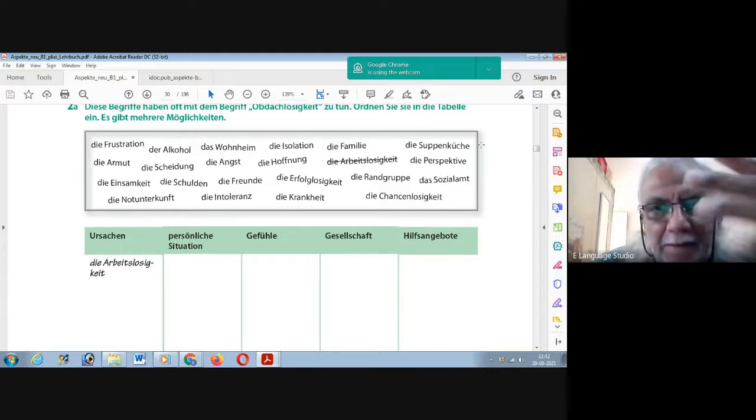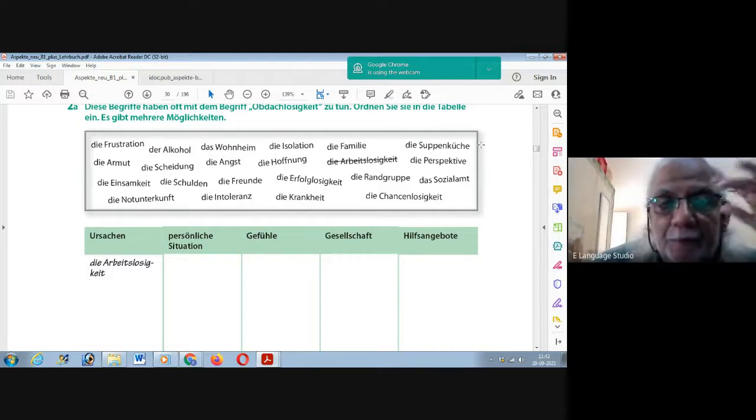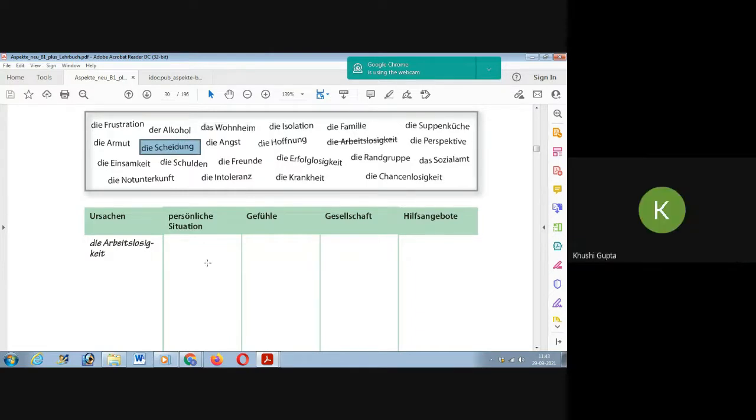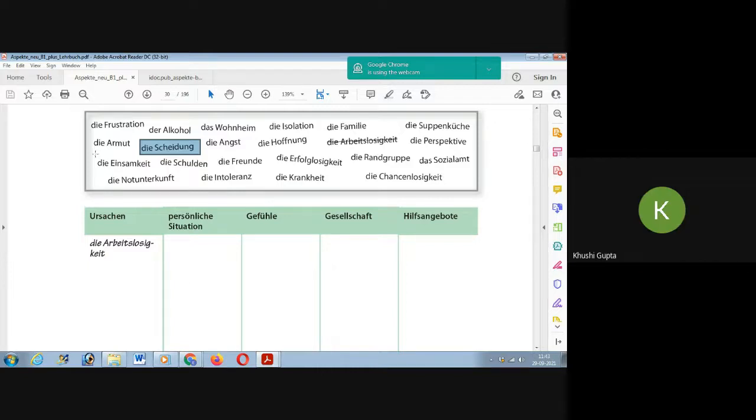Langar is the Gurudwara equivalent of Suppenküche. There are a few temples also which do that, but not all temples. A few temples serve free food on a large scale. Okay. Scheidung. Persönliche Situation. Gut, was ist Scheidung? Divorce. Okay, Armut.